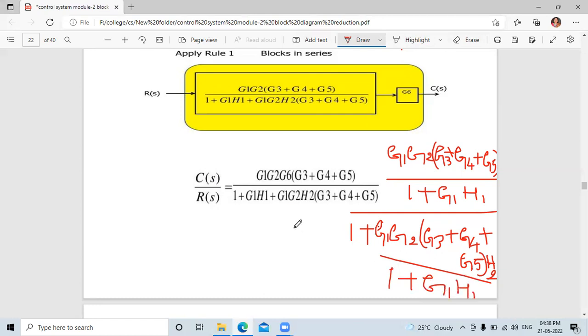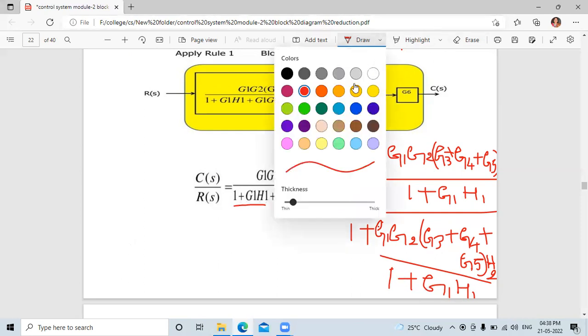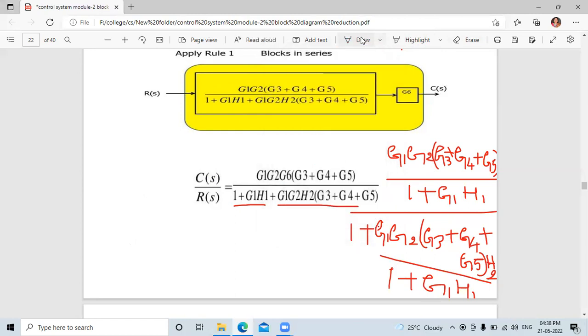It is divided only for this. When you take the LCM here, you get 1 plus G1 H1 plus this term, and this will be cancelled. So 1 will become 1 plus G1 H1, and this is the answer you get.